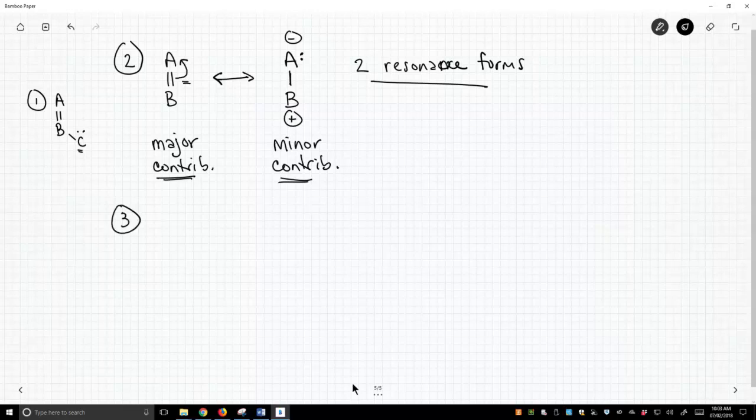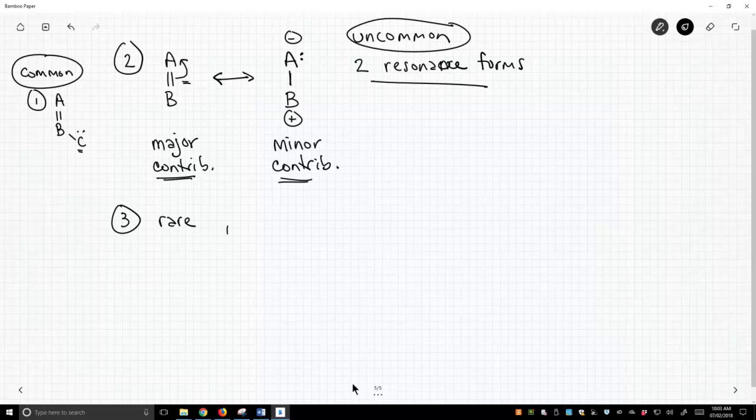So what's our third application of resonance? This is, I would say, uncommon. Our first one was really common, like the most common. And then number three, I'd say, is rare.